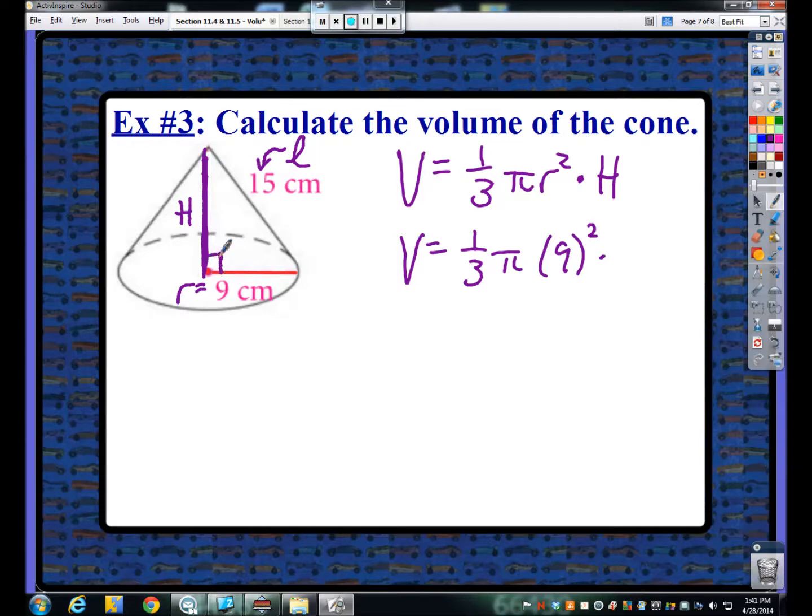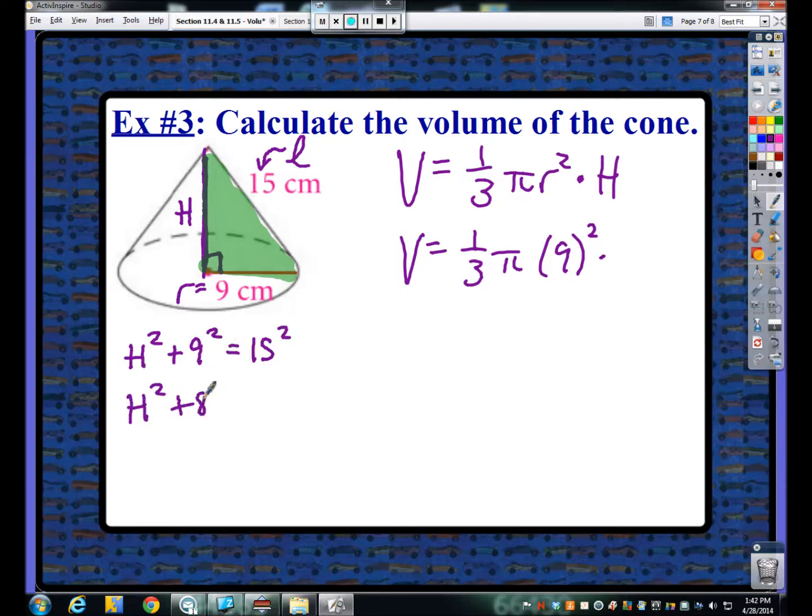Now, there was a relationship between a radius, a height, and the slant height, and that was all conjoined together with the Pythagorean theorem. We know 2 of our 3 sides of our right triangle, so we're going to have to use the Pythagorean theorem. H squared plus 9 squared equals 15 squared.